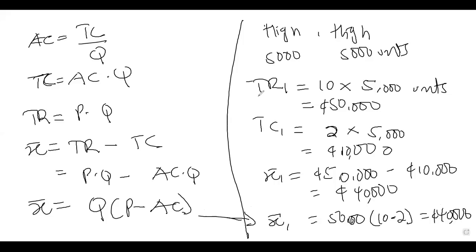Now, the profit for the second firm is also based on 5,000 units. So here, the profit for the second firm will also be 5,000 units into brackets, the price 10 minus 2, we also get 40,000, okay? So when they set high price, this will be their profit.